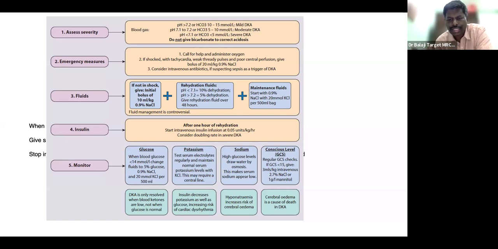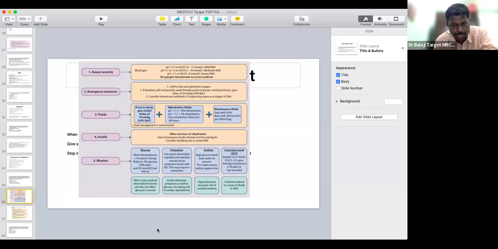You are treating a DKA child and suddenly the child goes into lower consciousness level. So what are you going to do if the child's consciousness comes down, GCS comes down? What two things will you do?